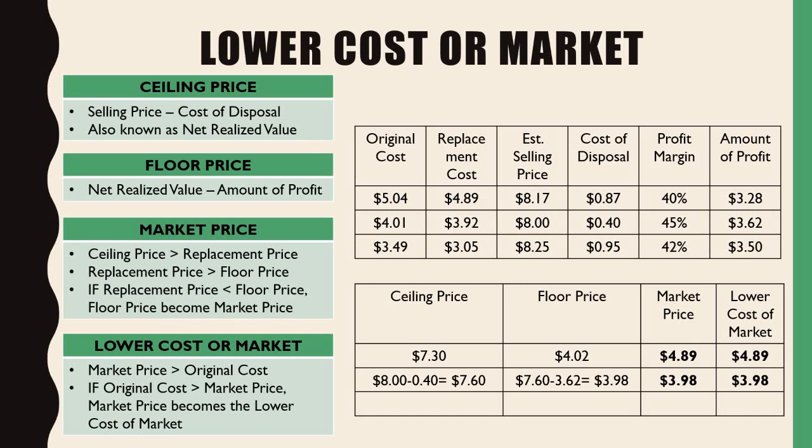So how do I solve for my ceiling? 825 minus 95, which gives you 705. Let's do that again. 825 minus 95 should give you 730.